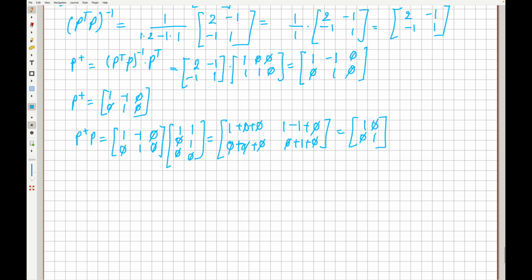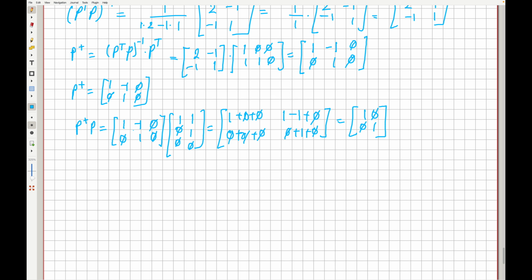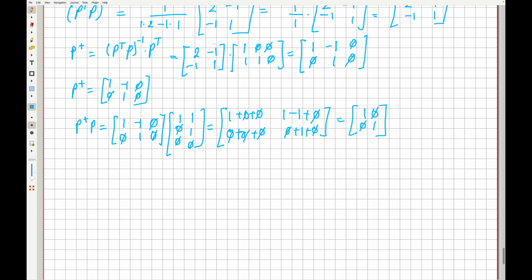Now what we'll do is calculate the Hebbian weights. So the first thing we'll do is calculate using the target T and the P transpose.